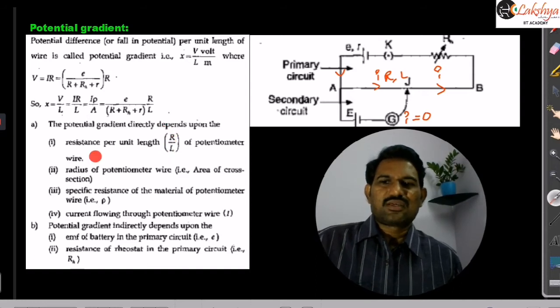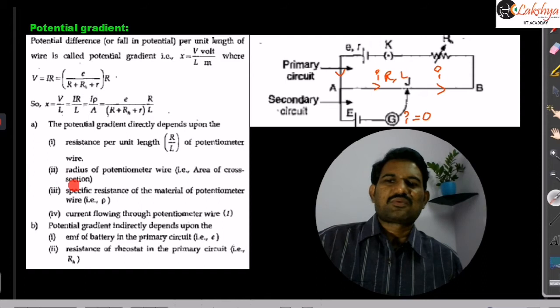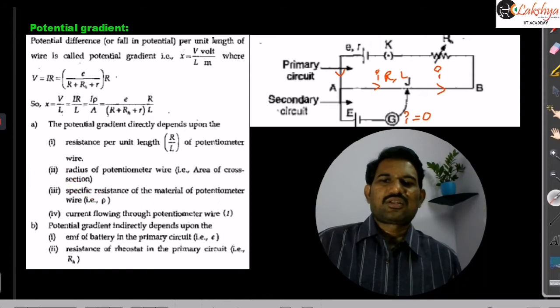So it depends on the resistance per unit length, the potentiometer area, that means radius, the specific resistance, and the current flowing in this wire. How much current is flowing in this? Then it indirectly depends on these two values. Actually, basing on this expression, first we are saying these three points. Now this I expression we can write like this.